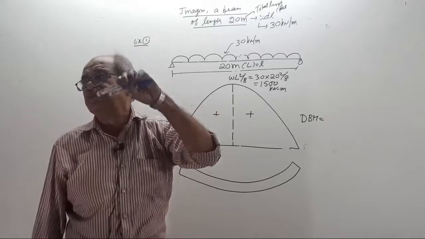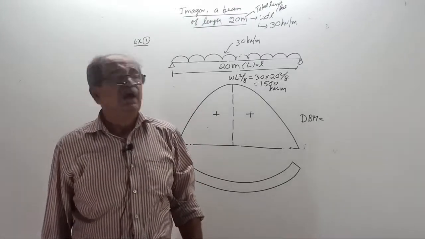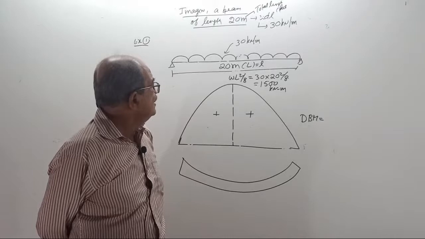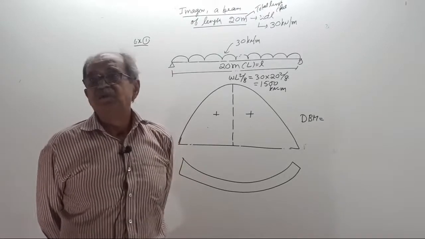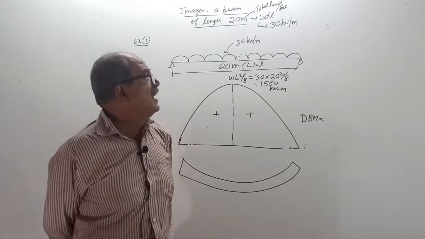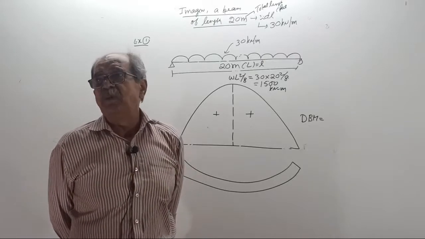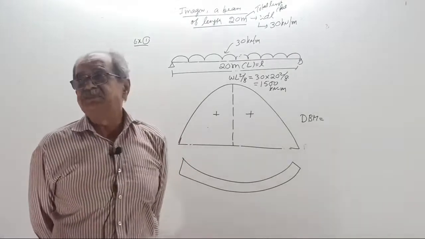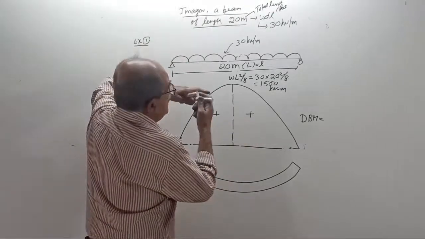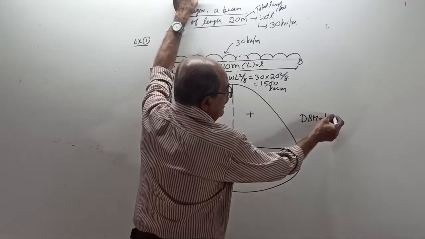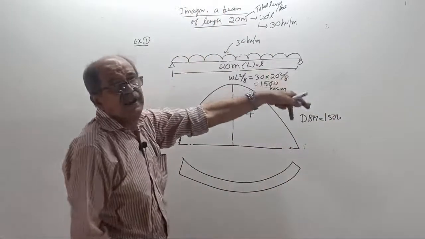Huge. You may get a depth of plate girder around 1.75 meter with a flange plate of maybe 400 by 30-40 mm, web thickness around 12 mm, and stiffeners will all be there. This is the beam. Design BM equal to 1500. Very, very dangerous beam.